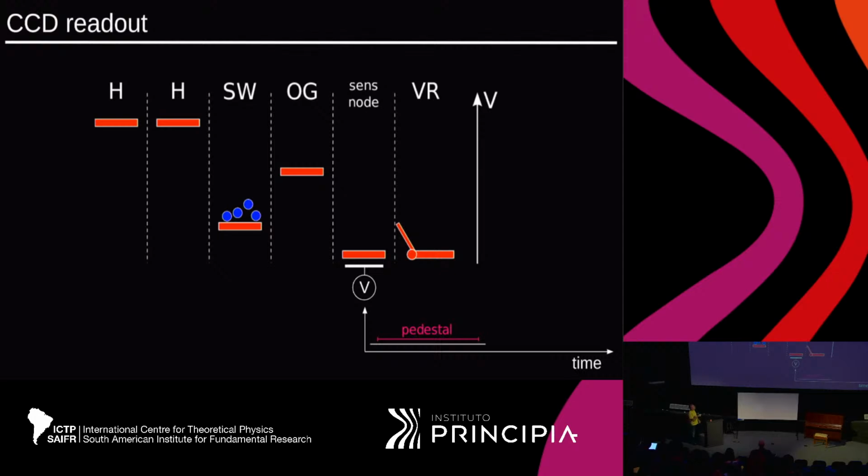Then you have a potential barrier, the output gate, and then the sense node, which is the only thing in the CCD that is connected to a measuring device. All the other stuff is just control signals. This is coupled through a capacitor with a voltmeter, essentially.